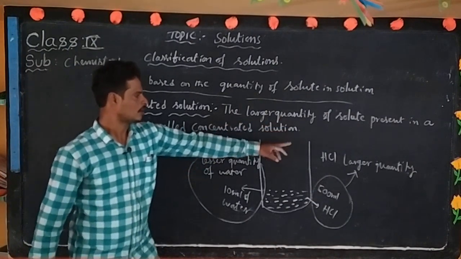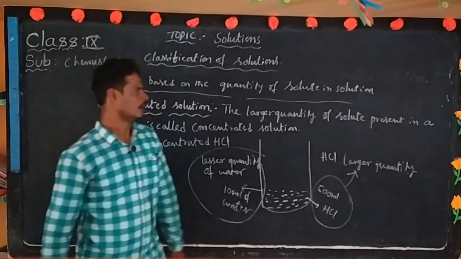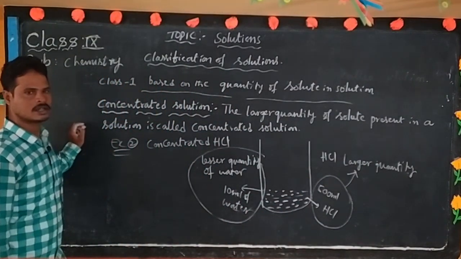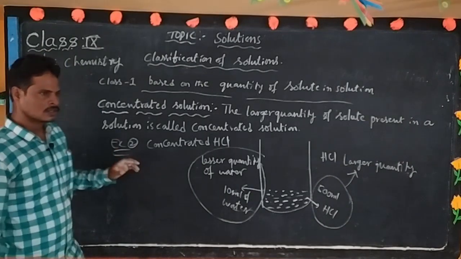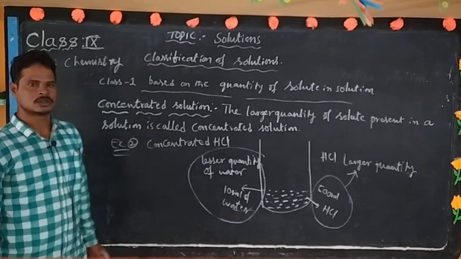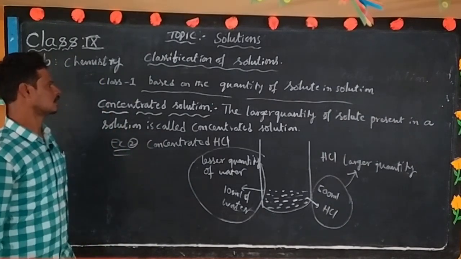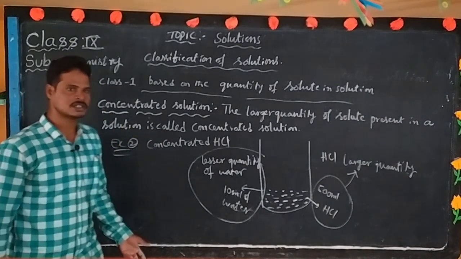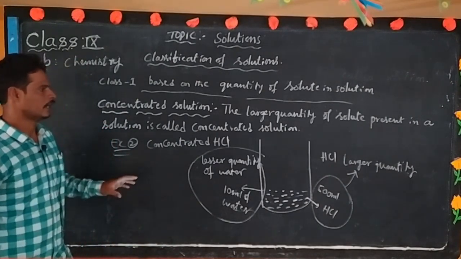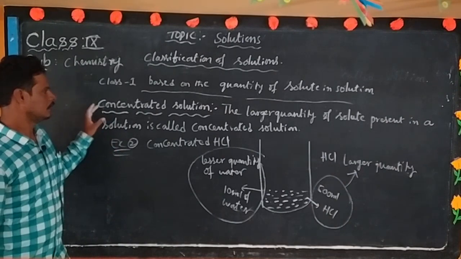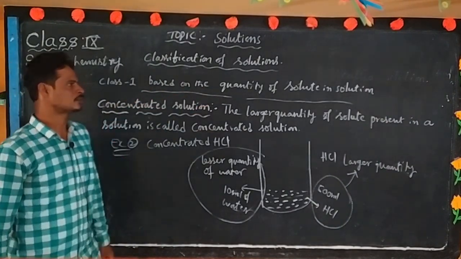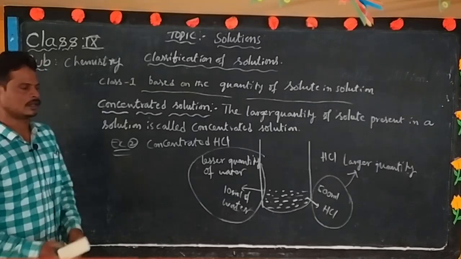The larger quantity of solute present in a solution is called a concentrated solution. That means whichever substance has more quantity in the solution, that is called a concentrated solution. Here, the quantity of solute. So this is the example of dilute and concentrated solution based on the quantity of solute in a solution.